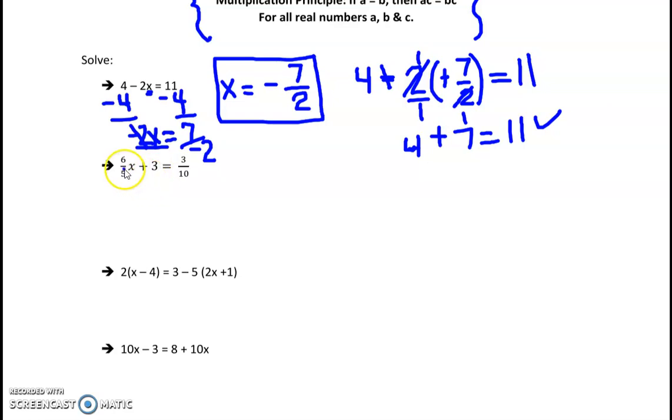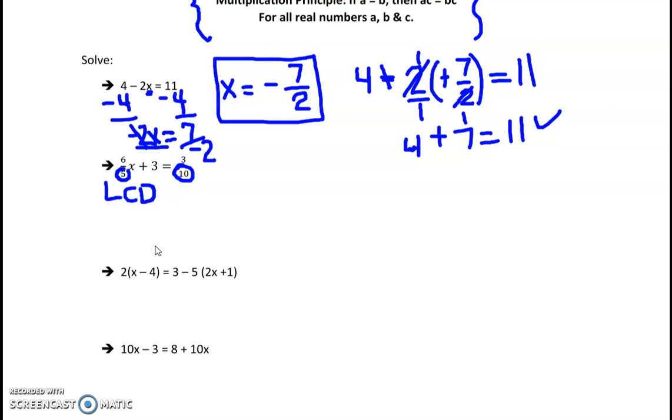But a trick that you might want to learn is to always find the least common denominator, which is the smallest number that both of your denominators divide into evenly. In other words, the least common denominator is the smallest number that can be divided by 5 and 10 evenly.